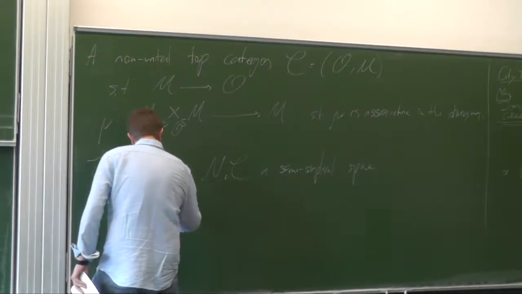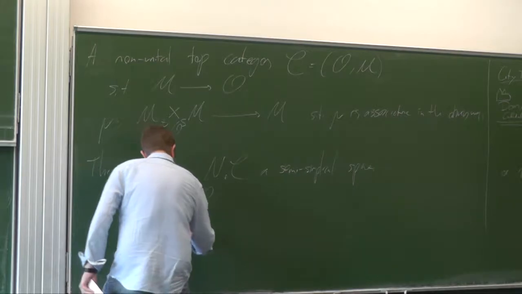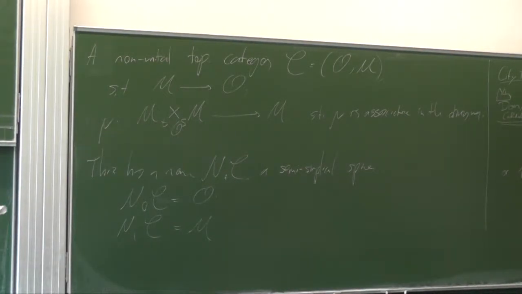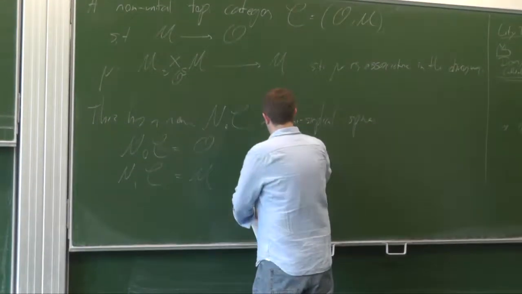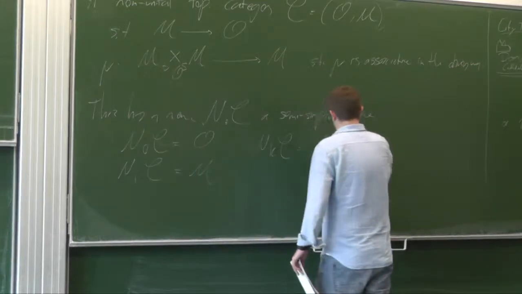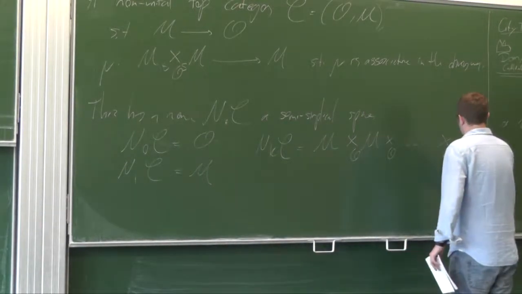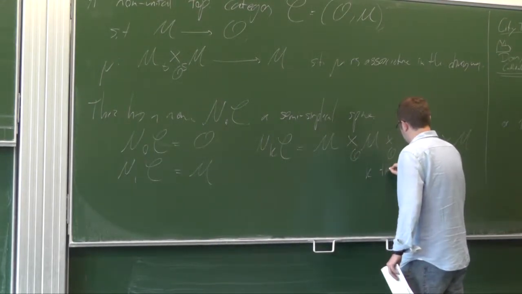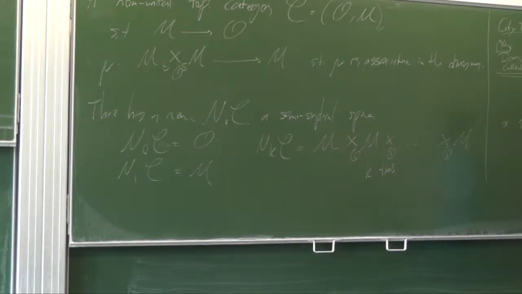Well, the 0 simplices are just the objects of the category, the 1 simplices are just the morphisms of the category, and the k simplices are the composable k tuples of morphisms of the category. So it's just morphisms cross over objects with morphisms cross over objects, morphisms, k times, where we do target source all the time.